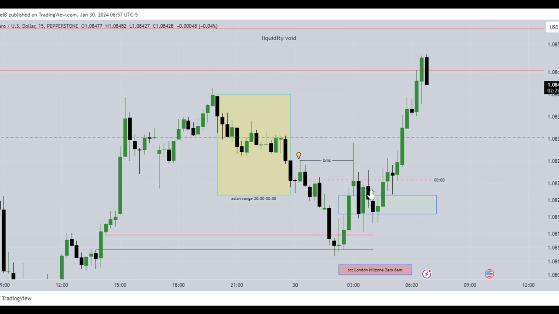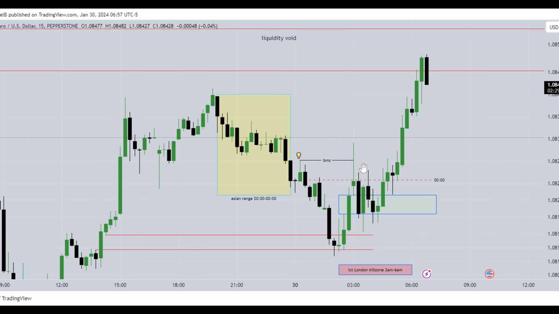So after we shifted, when you see something like this, the market has shifted, you either run to lower time frames or set a limit order right here, and your stop loss below this swing low.